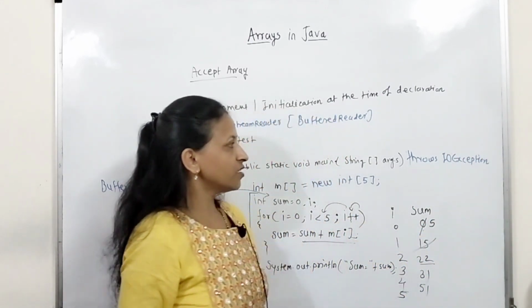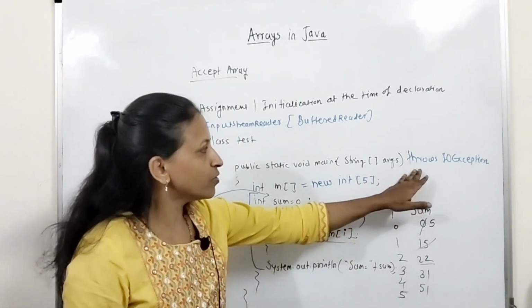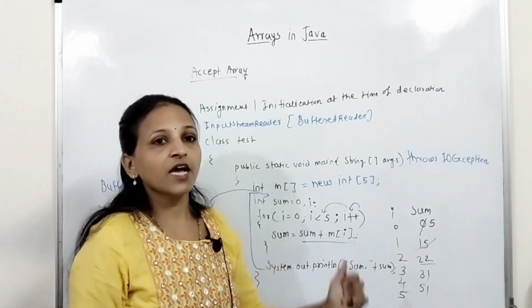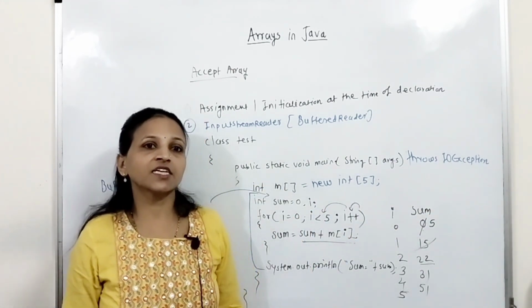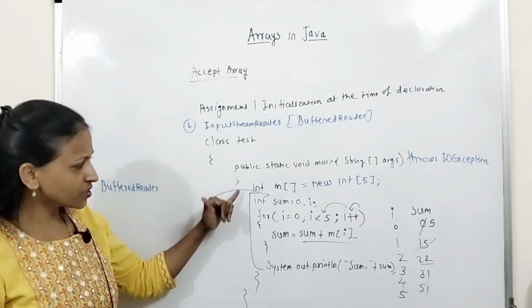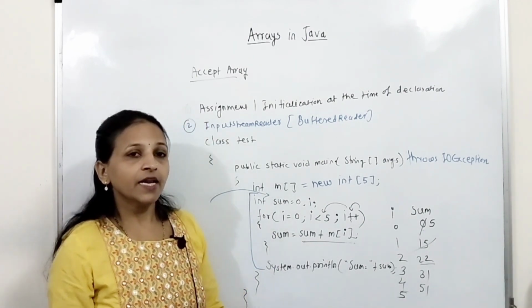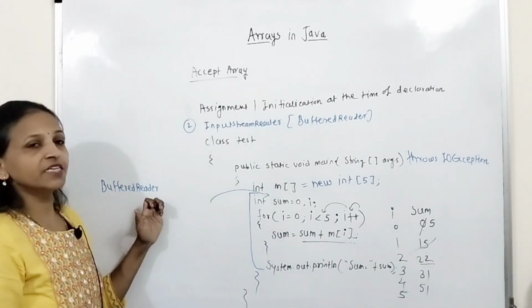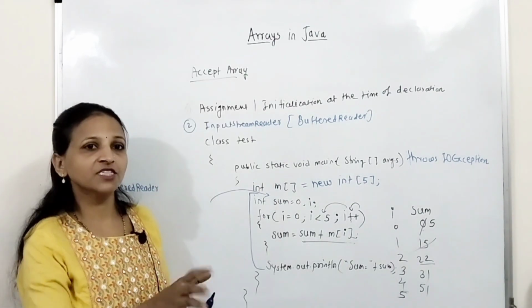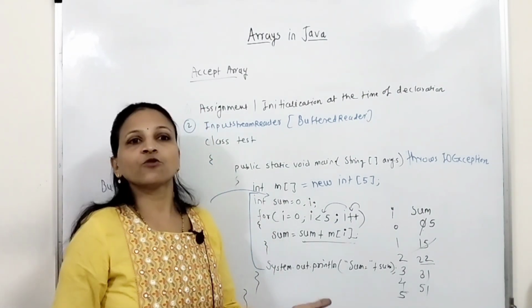Just keep in mind that if you are using BufferedReader, you have to write the statement throws IOException. Why? Because IOException is a checked exception. Checked exception means: whenever this program is compiled, if we have used BufferedReader, or suppose FileReader from the java.io package, there are chances of IOException.